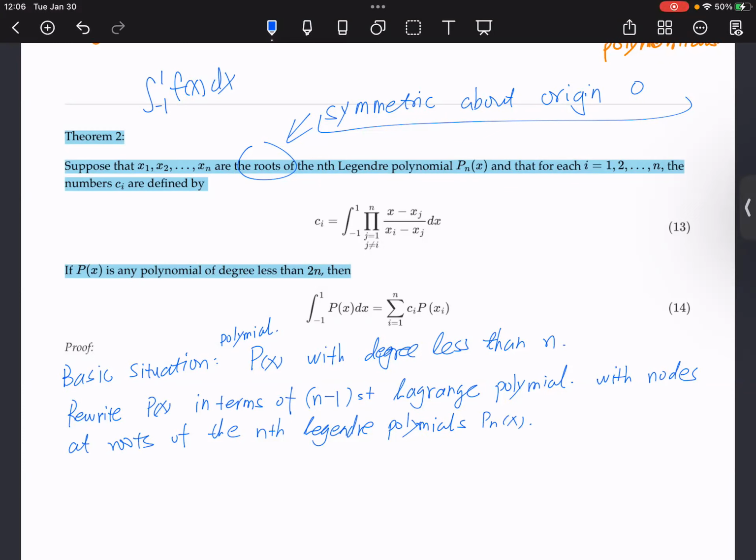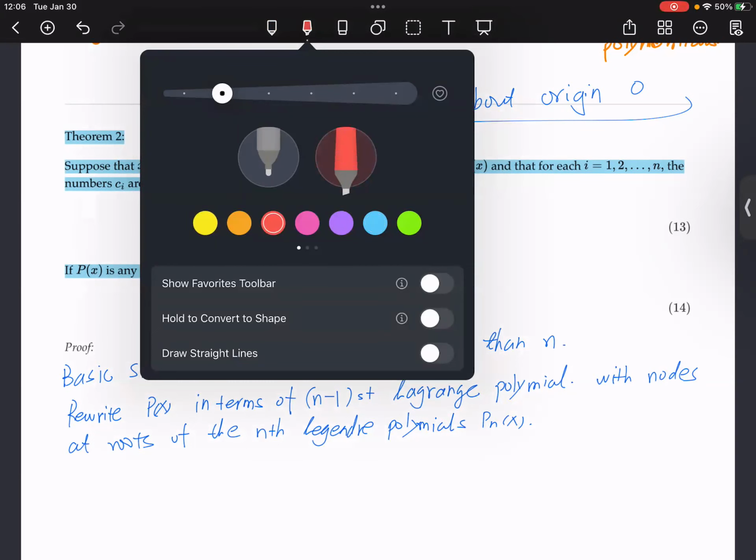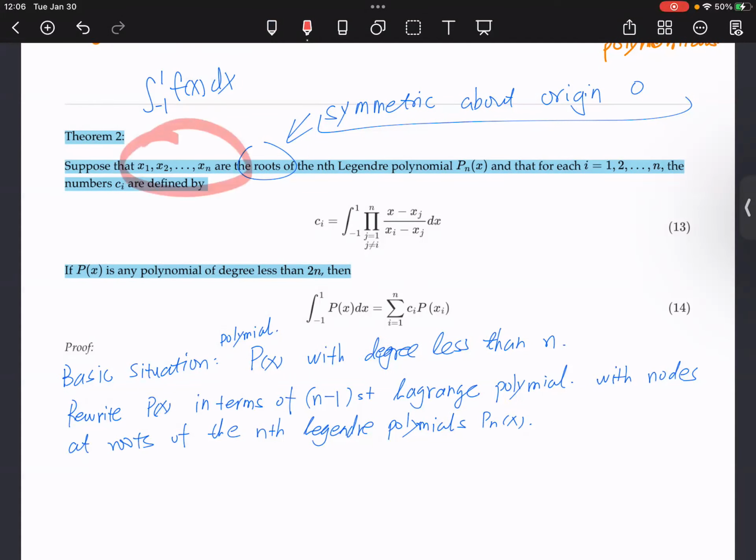So first we have already decided the nodal point positions here. They are the roots of the Legendre polynomial.